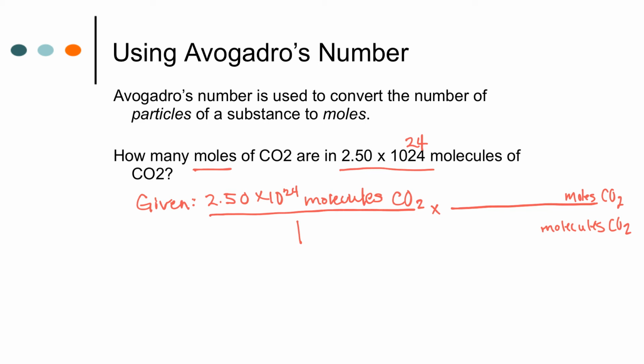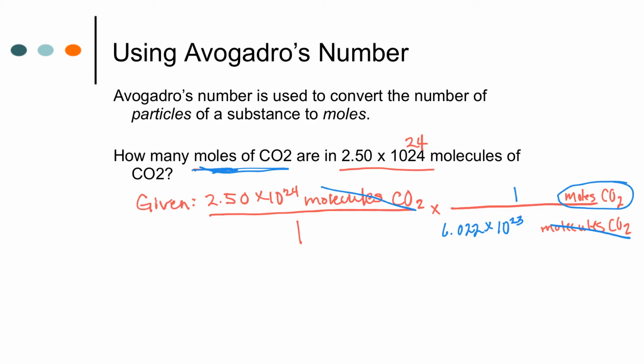We know that 1 mole of CO2 is equal to 6.022 times 10 to the 23rd molecules of CO2, right? And so what we're going to do this time is we're going to divide, because we're looking for how many moles of CO2, and so that's what we have here. And we can see how molecules of CO2 cancel. And so that's a great way to check that you have the problem set up correctly.